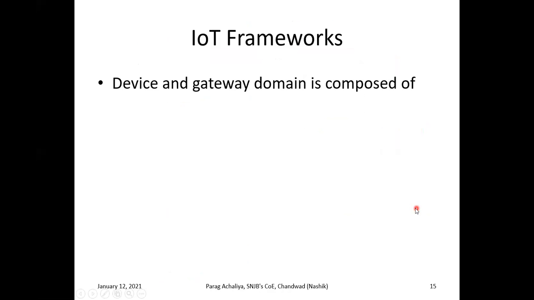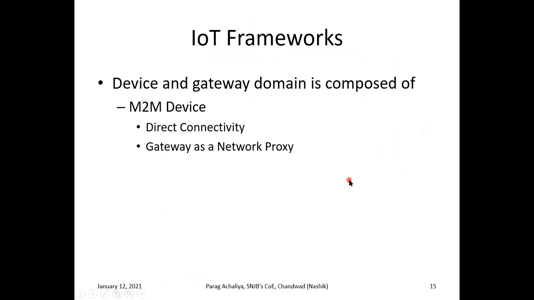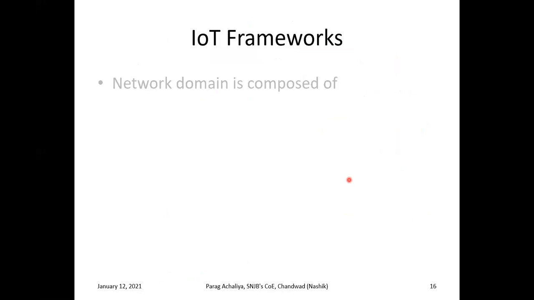Let us see. Device and gateway domain is composed of, number one, machine to machine device through the direct connectivity through the gateway as a network proxy. The second part was your machine to machine area network, and the third one is your machine to machine gateway. So these are the things with the help of which the device and gateway domain of your IoT framework is composed, whereas the second is your network domain.